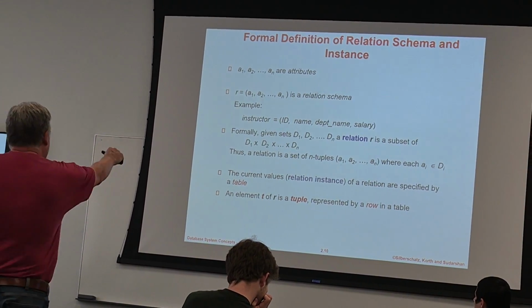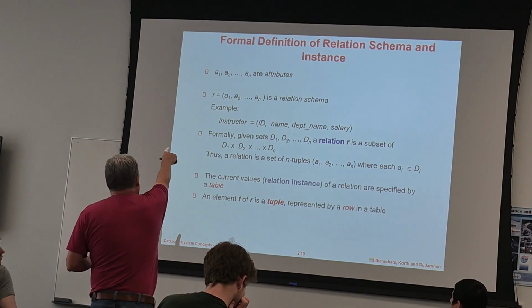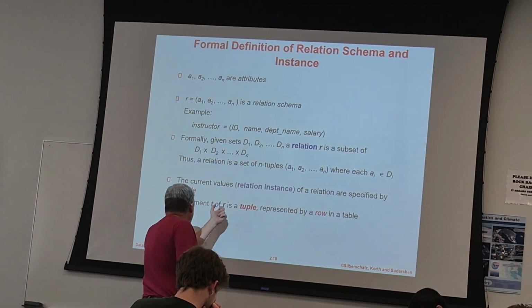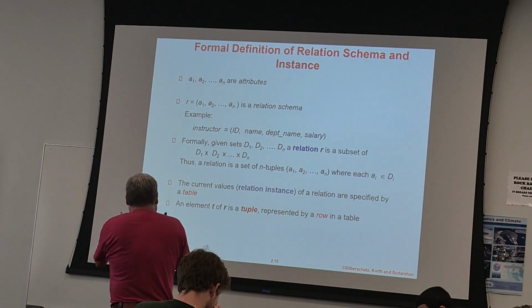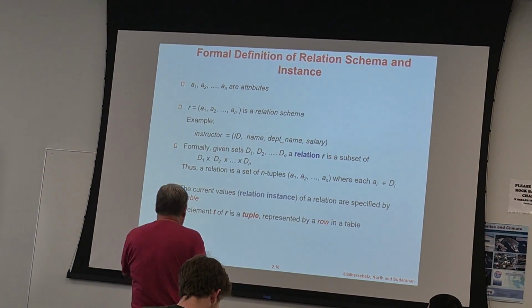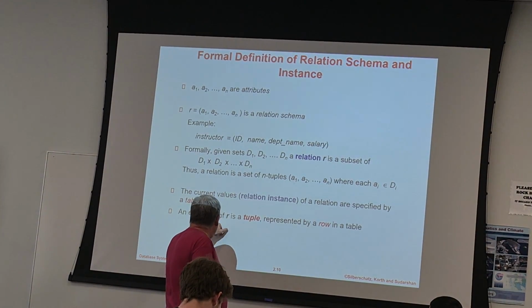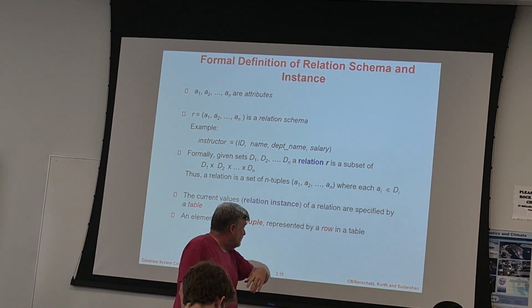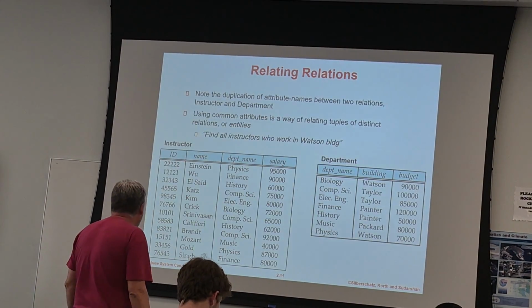What is R? R is actually the design of the table. So any element coming out of R is going to be an instance, a row out of R, and we call that element t because we know it's a tuple, represented by a row in the table.